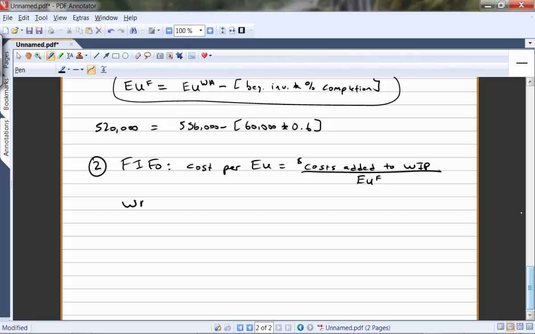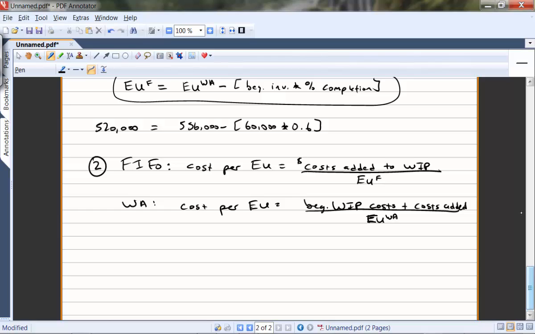Then for weighted average, cost per equivalent unit is equal to whatever was there at the beginning plus the costs that were added over equivalent units, but calculated using the weighted average method.